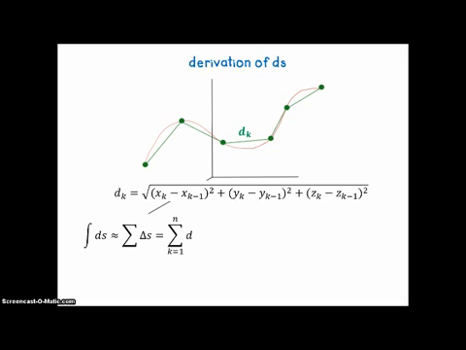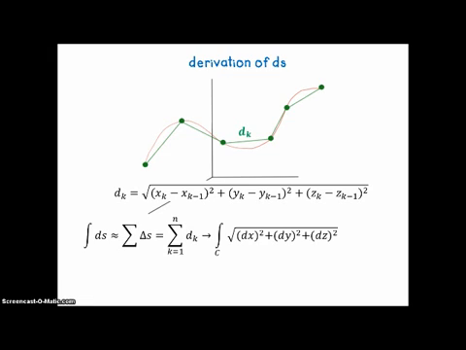So if we add up all the instantaneous changes with an integral, we can approximate that by adding up the discrete changes delta s, each of which is numerically equal to d sub k. And then as the number of segments goes to infinity and the lengths go to instantaneous changes, then the integral along the curve would be the square root of the instantaneous changes in x, y, and z squared under the square root.